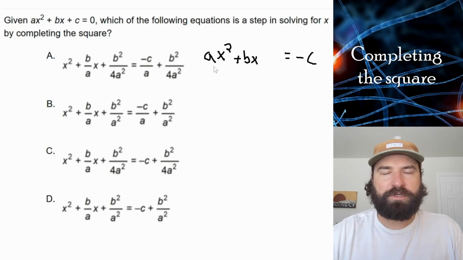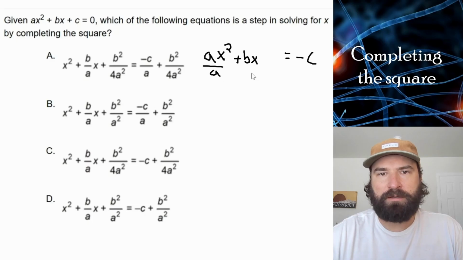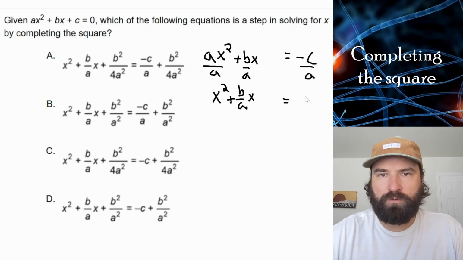Next, we have to make sure that we don't have a leading coefficient on the x squared, so we're going to divide the entire equation by a. This gets divided by a, this gets divided by a, this gets divided by a. So now we've got x squared plus b over a x equals negative c over a.